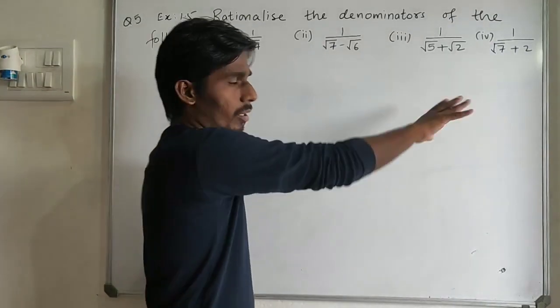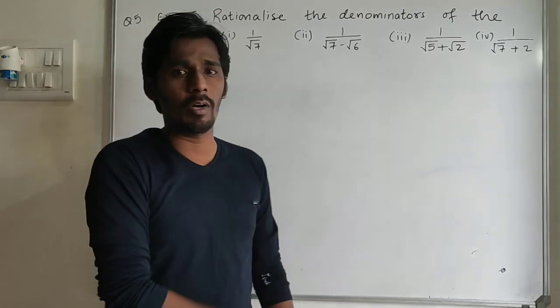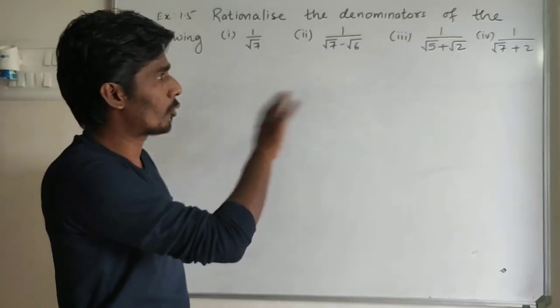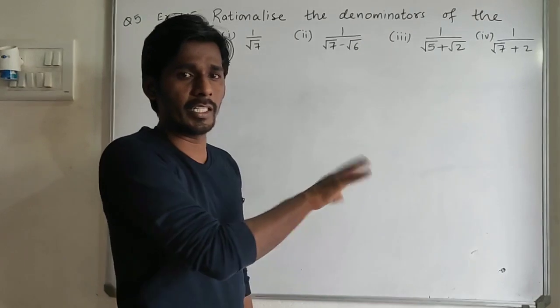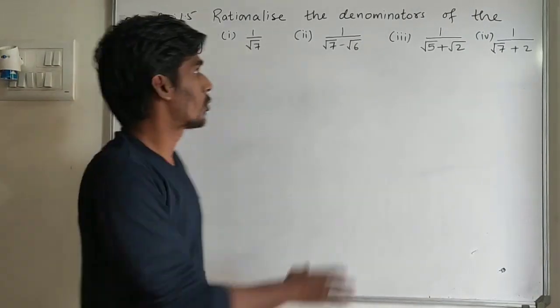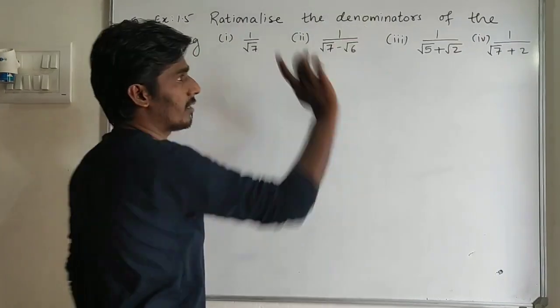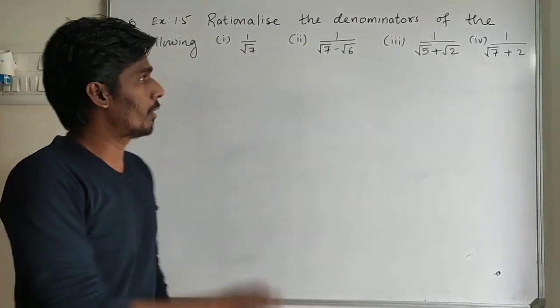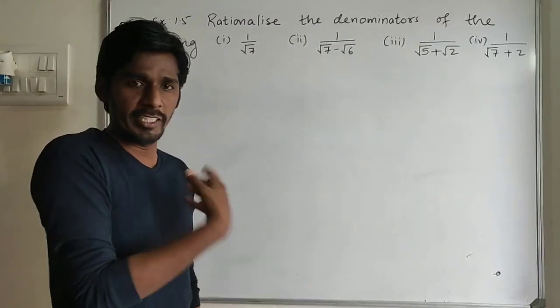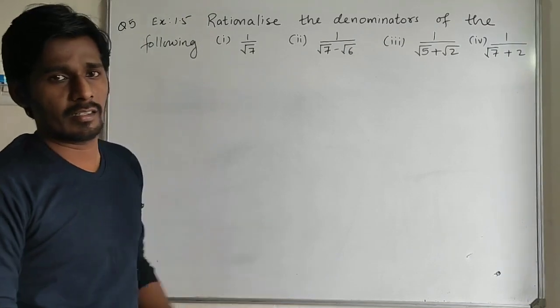So here, all the denominators are what? Irrational numbers. We have to convert all these denominators into what? Rational numbers. So the question is what? Rationalize the denominator. So we have to convert only the denominators into what? Rational numbers.